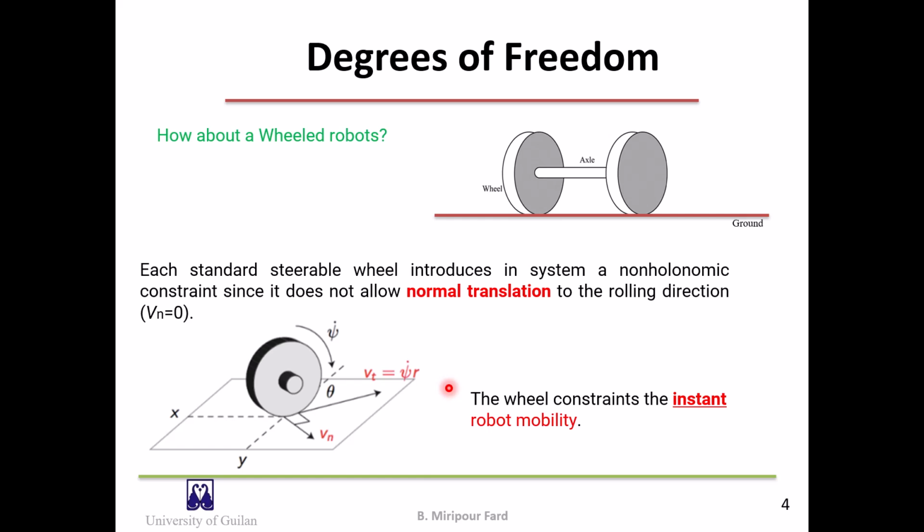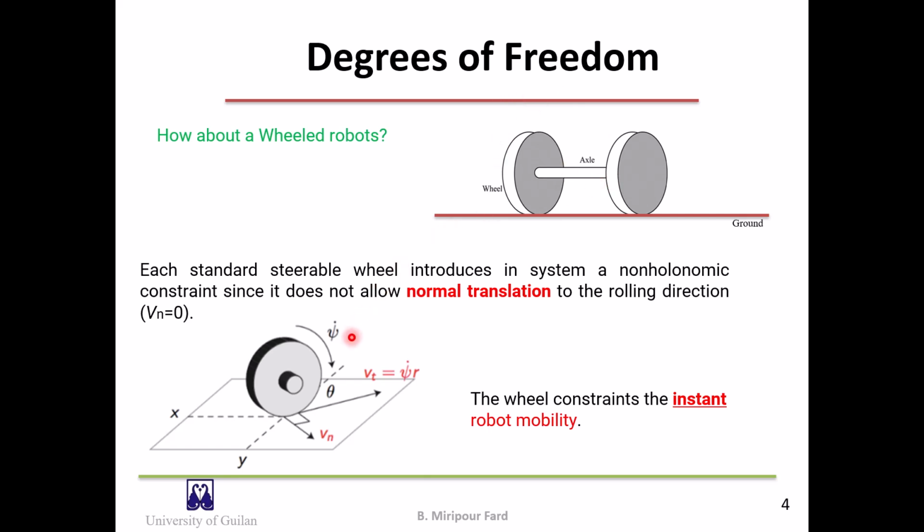So what can we say about DOF of wheeled mobile robots? These kinds of robots are composed of a chassis, which is the main link, and some wheels. Let's first take a look at constraints imposed by wheels.